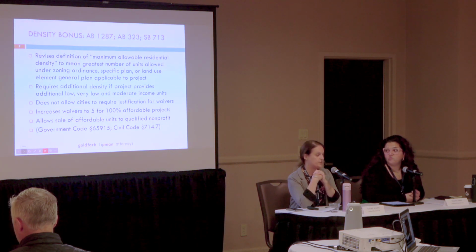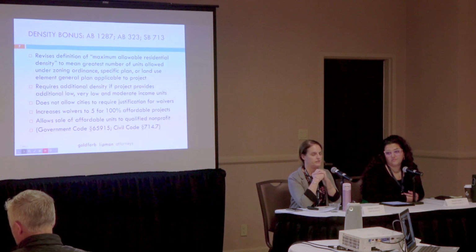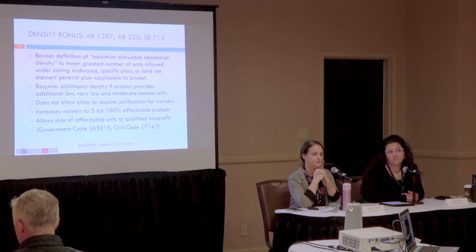But yeah, the developer is going to propose what they want, and then the city has to, I forget the standard, but there is a burden of proof if the city wants to deny it. They also need to show that there's a potential health and safety impact that can't be mitigated to deny it. So it's very hard to deny this request. But yeah, it's proposed by the developer.